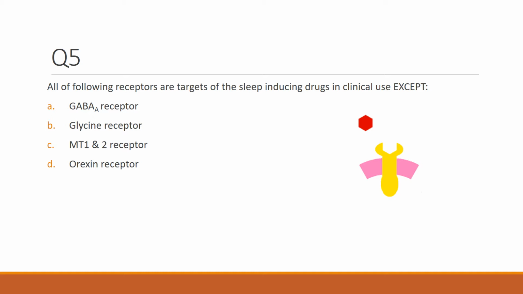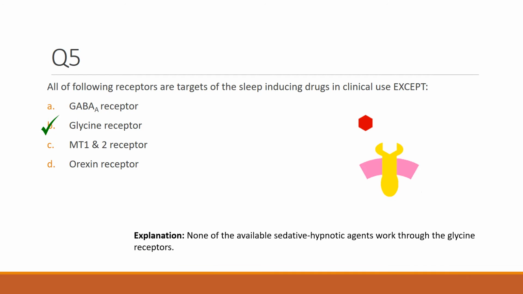The correct option is glycine receptors. Actually, none of the available sedative hypnotic agents work through the glycine receptors. The available therapeutic agents for sleep disorders and anxiety are working through rest of the receptors.